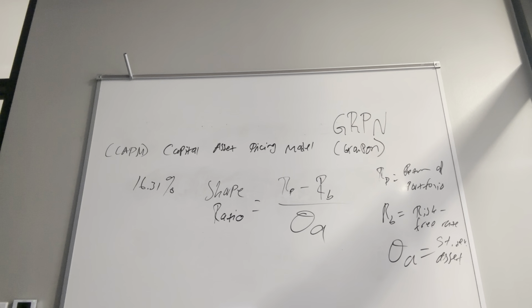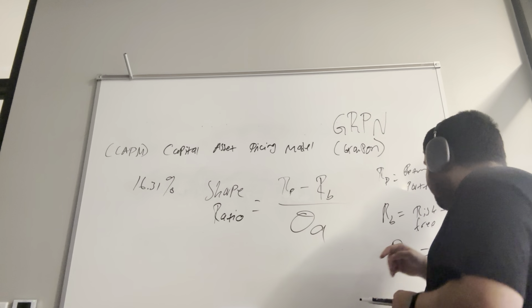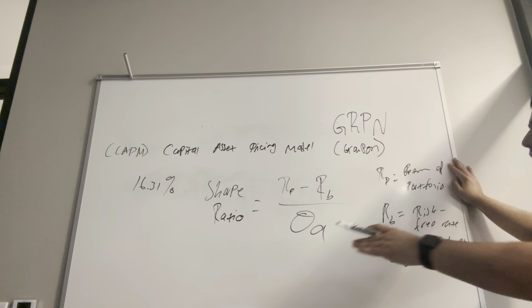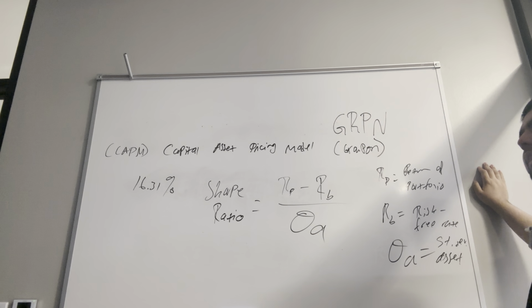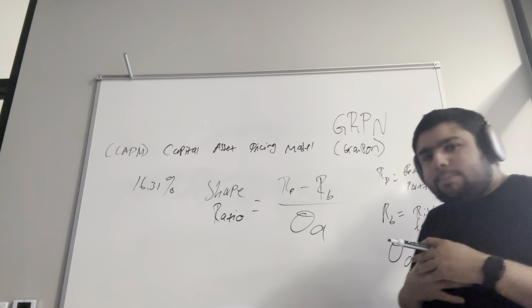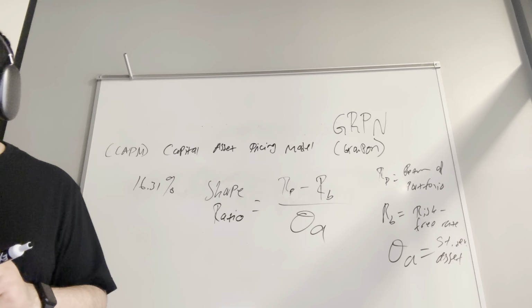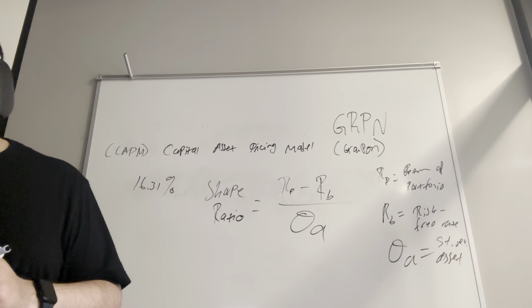So now, what is this that we're looking at? We want the return of the portfolio. Now, I'm saying return of portfolio, but really what I want to see is a return that is closest to me. Actually, let's look at what I did personally.